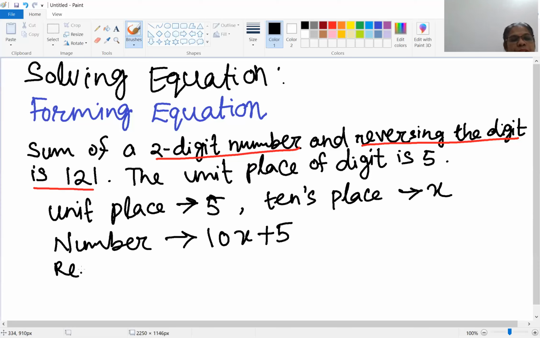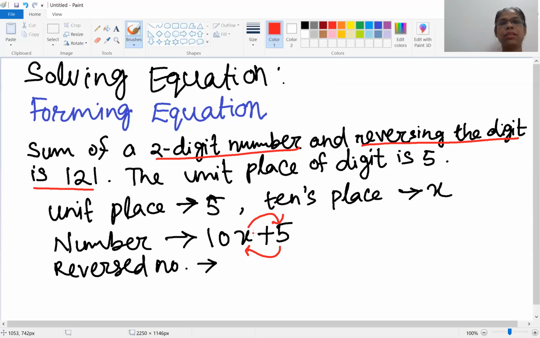After reversing, what is my reverse number? In my reverse number, the 10th place becomes the unit place and the unit place becomes the 10th place. So 10 multiplied by 5 plus x, which is equal to 50 plus x.